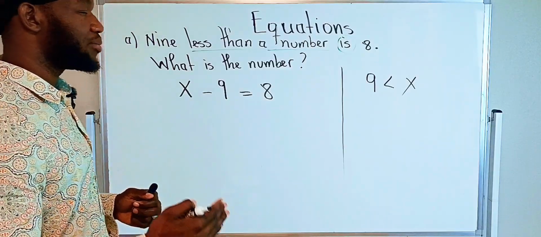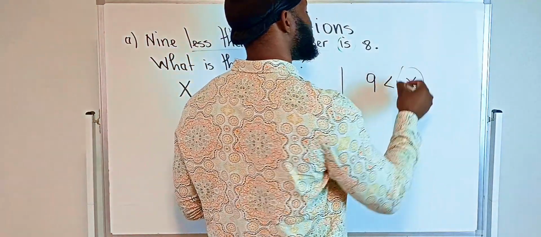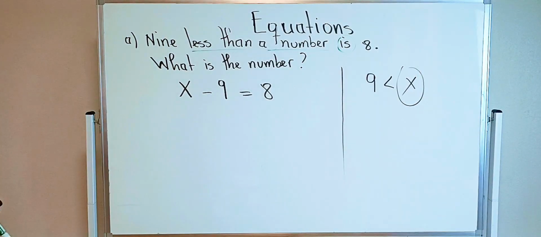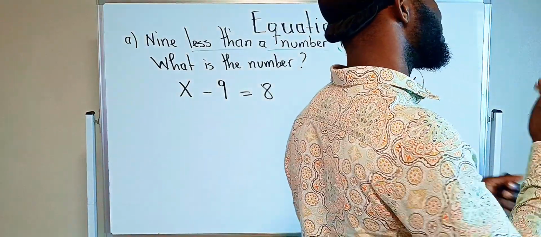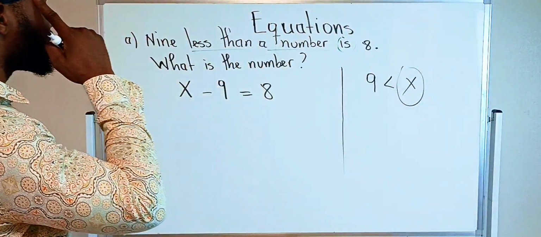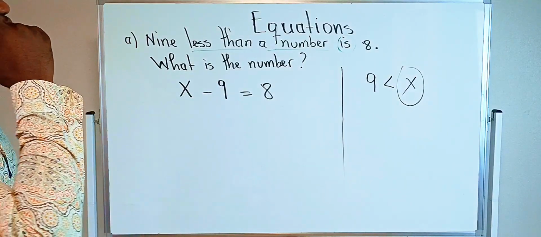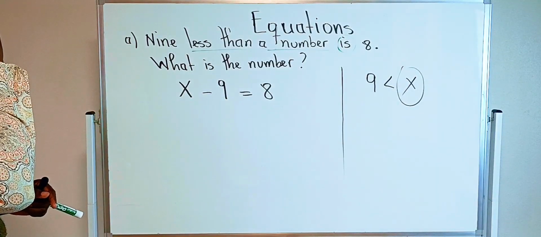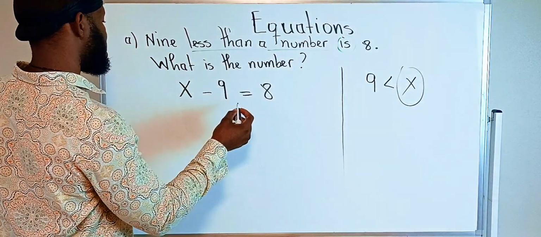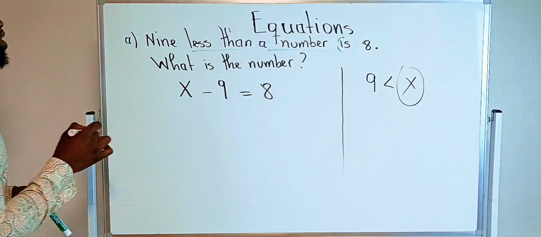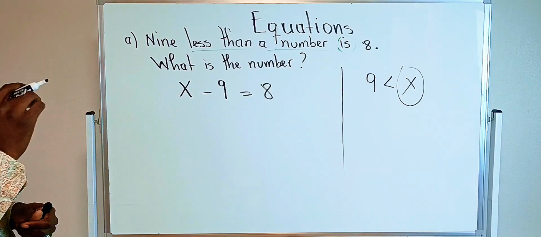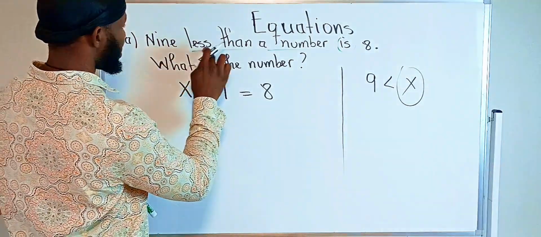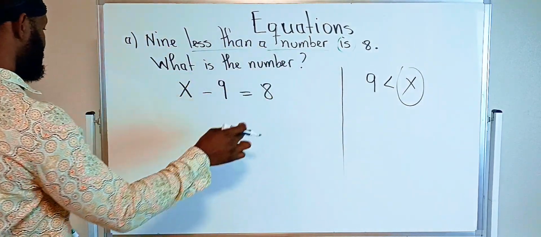That automatically means that x is greater than 9. So if x is greater than 9, you should keep in mind that doing subtraction means to subtract the small from the big. So in your mind you know that you gotta put the x first in order to subtract the small from it. That means x minus 9 equal 8. This is the exact translation of 9 less than a number.